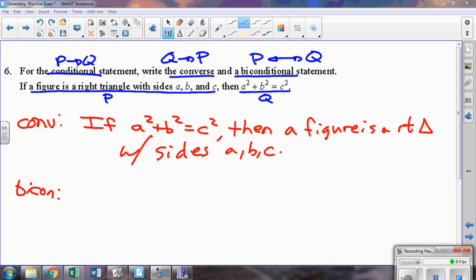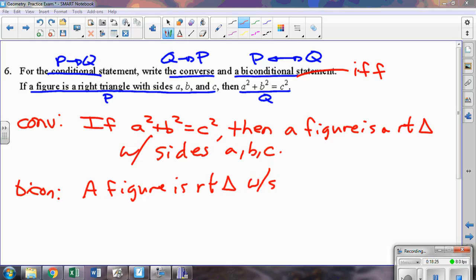Continuing for the biconditional, remember that the biconditional will use if and only if. We could use the double F to shorten that. So a figure is a right triangle with sides A, B, C, if and only if A squared plus B squared equals C squared.